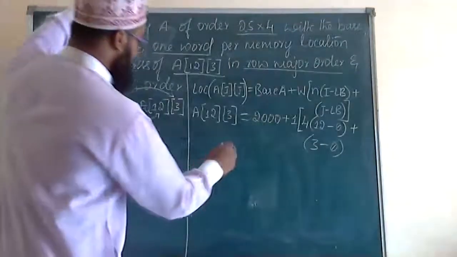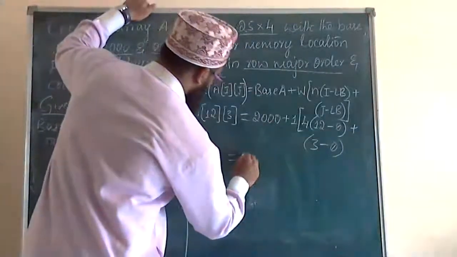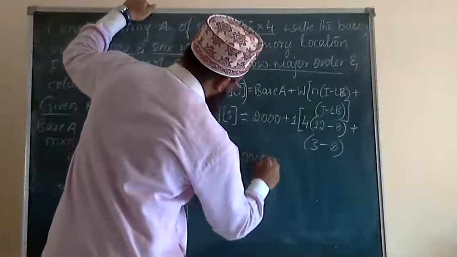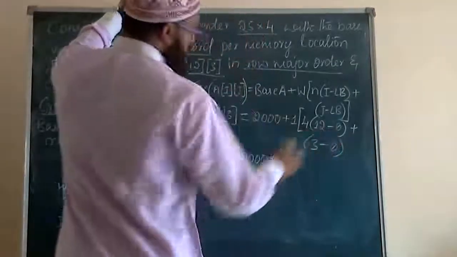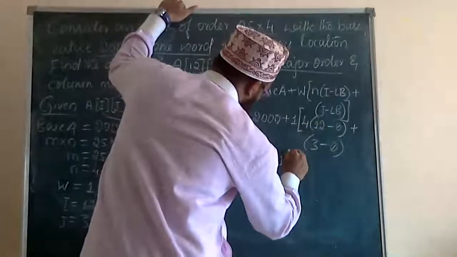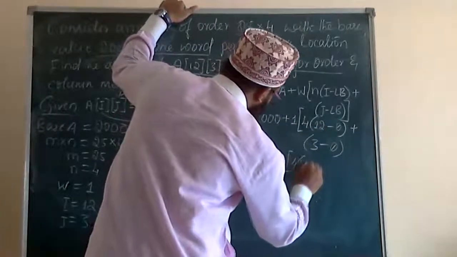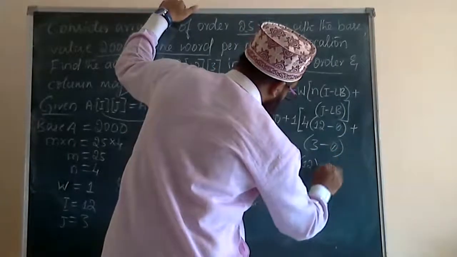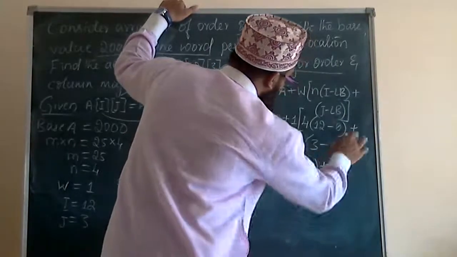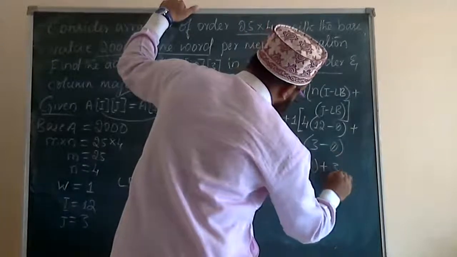This is equal to 2000 plus 1 into 4 into 12 plus 3, since 12 minus 0 is 12 and 3 minus 0 is 3.